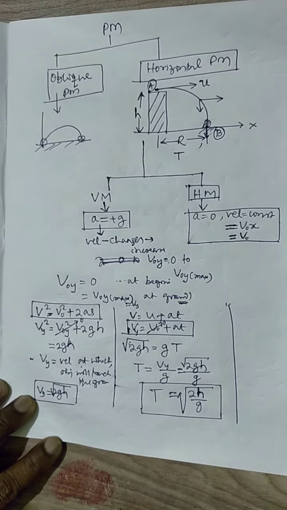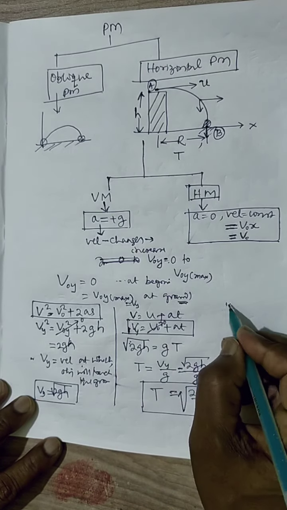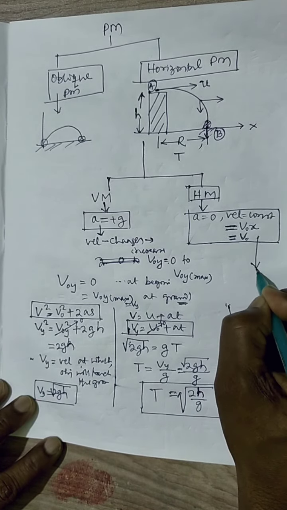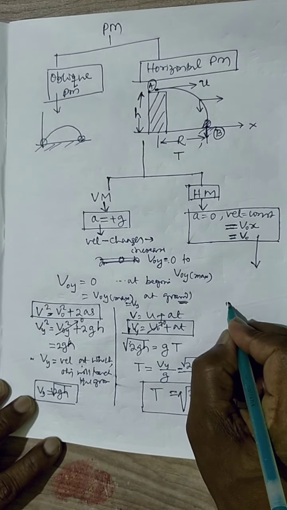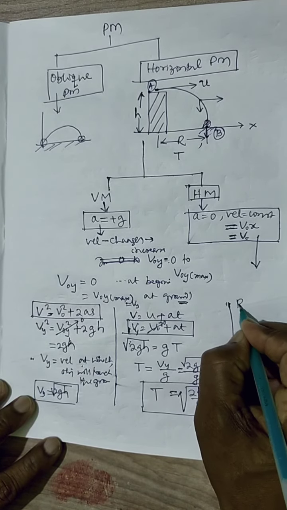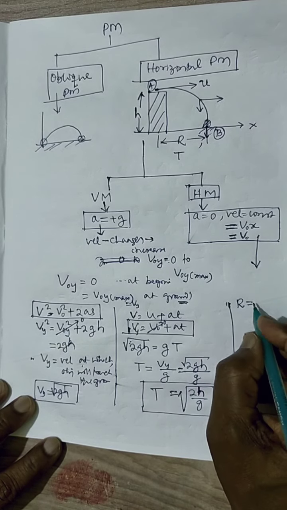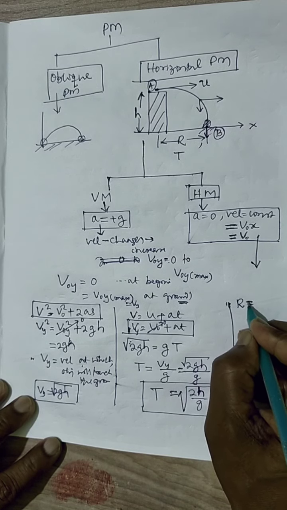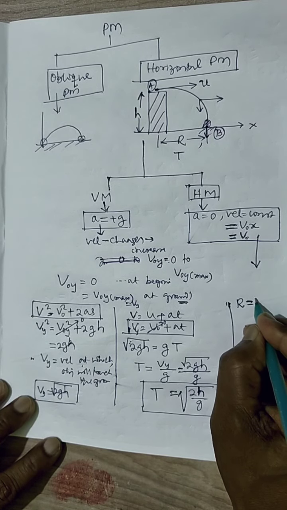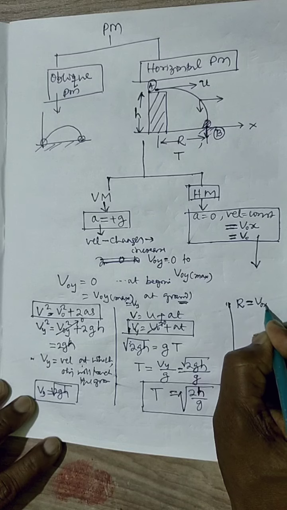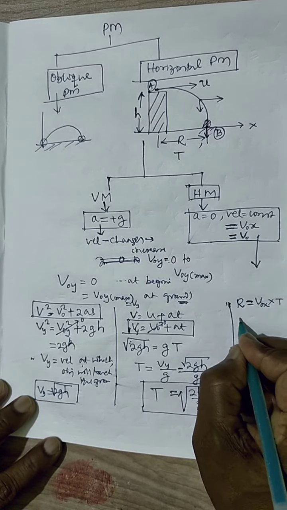Now, when you consider horizontal motion, the distance it has moved along the x-axis, the range, is equal to the horizontal component of the velocity into t.